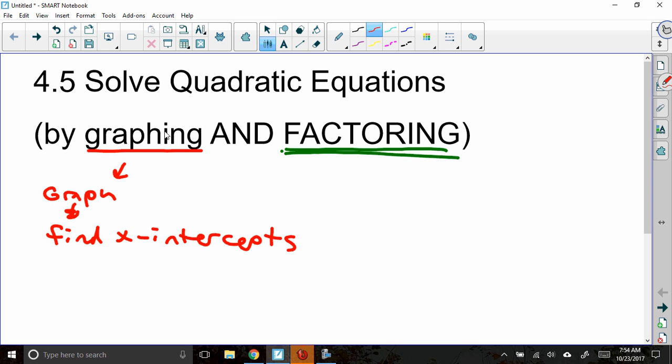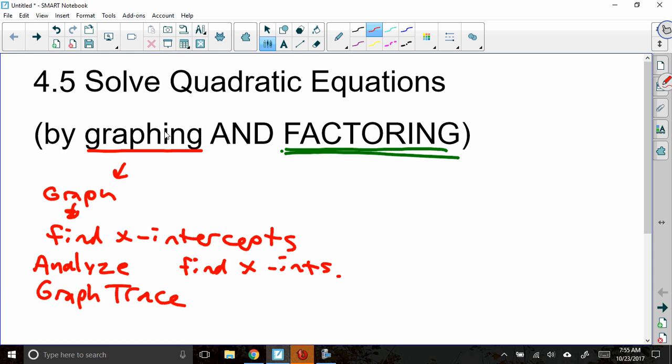Sometimes you'll have to use the analysis feature, and you could use find x-intercepts. And there's something on the TI Inspire that's a lot more seamless and easier to use than the analysis and finding x-intercepts. It's called the graph trace. If you use graph trace, that would be the ideal way to go about doing that.